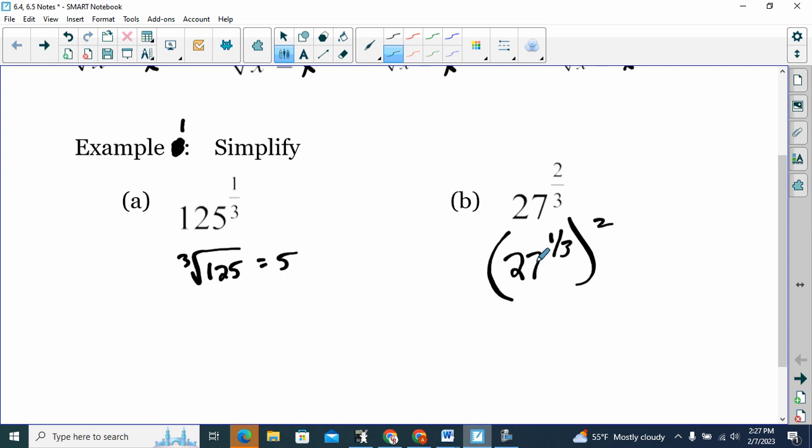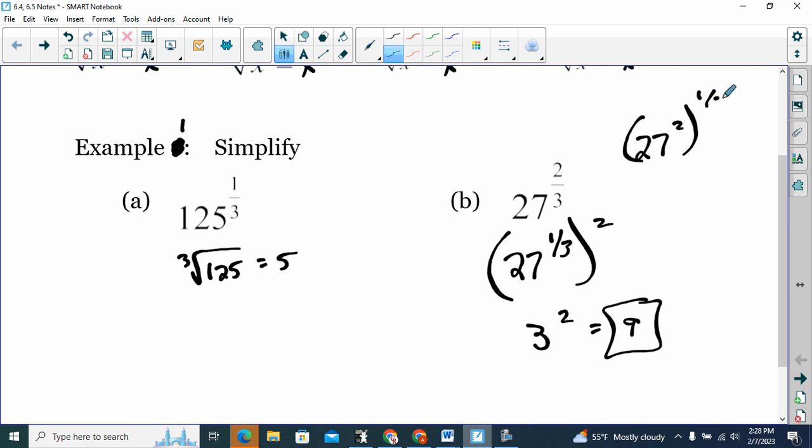And now work from the inside out. 27 to the 1/3, cube root of 27 is 3, and 3 squared is 9. Technically, you can split it up either way, 27 to the 1/3 and then squared. You could also do 27 squared and then to the 1/3 power. These problems are almost always no calculator. 27 squared you're not going to want to do without a calculator, and then take the cube root. So it's easier to make the number small first and then bigger.